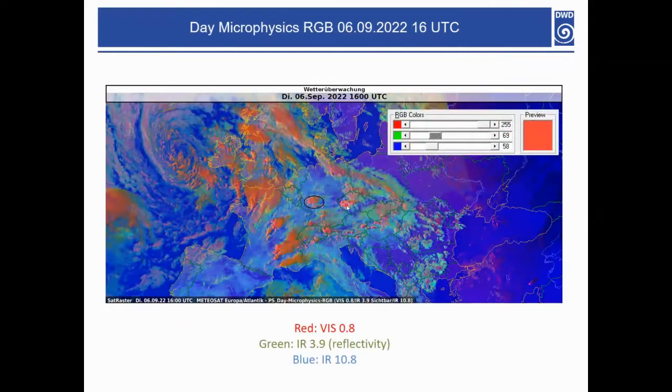And now switching to the day microphysics RGB again, if we compare the colors, we have a very slight orange, leaning more towards red. The main difference is that we now have a lower response in the green channel, which indicates a bigger particle size.